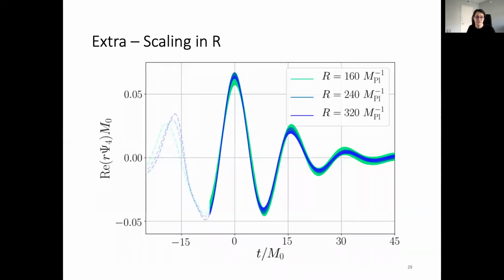Furthermore, here is the same with the scaling, and I just want to point out that all of these psi 4 and the time here are scaled appropriately with the initial mass. So these are all normalized to mass 1. However, if you wouldn't do that, they would scale linearly.